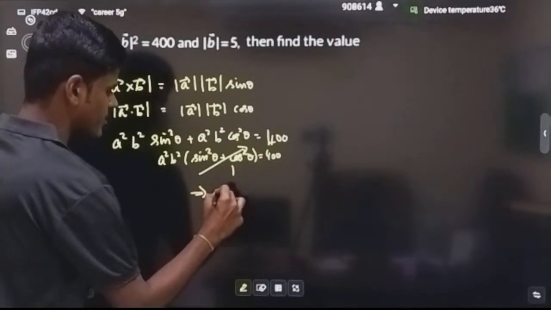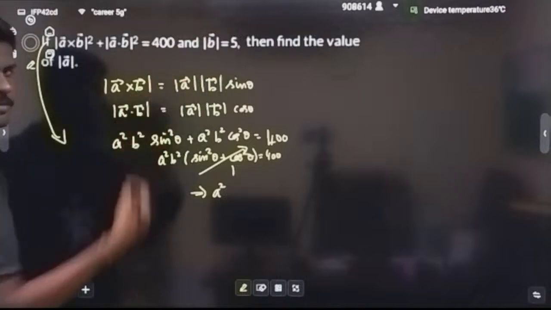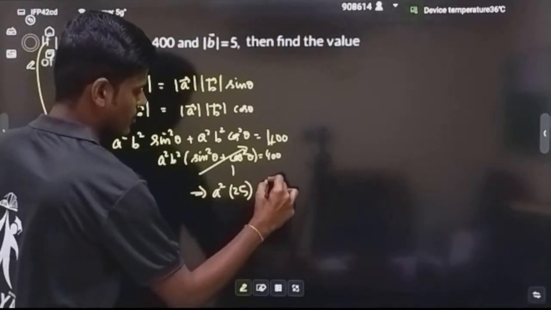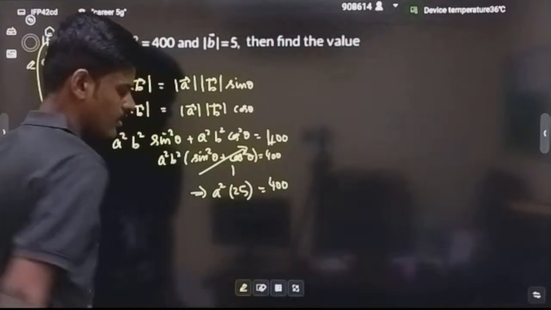So that means a square into what is b square? b square is 25, equal to 400.